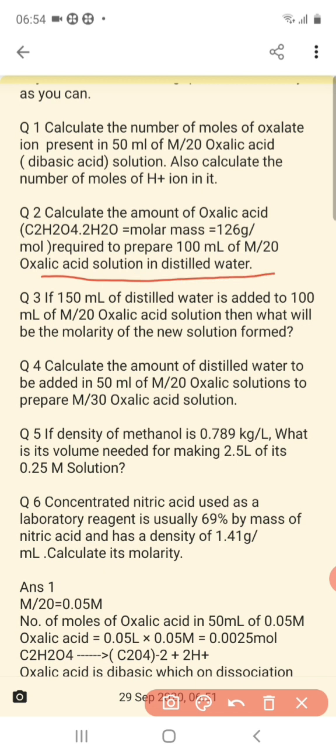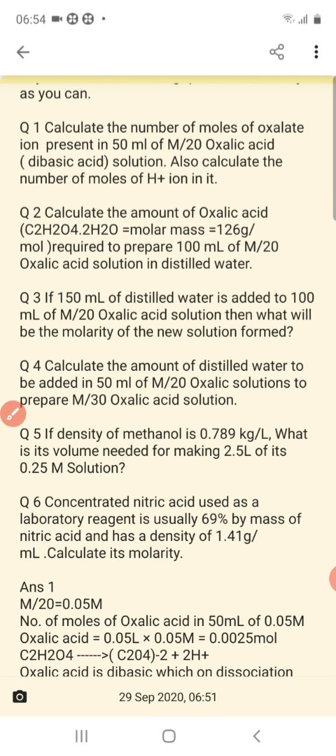This is the aim of one of the experiments carried out in class 12, where you have to prepare a standard solution of oxalic acid having molarity M/20, of volume 100 ml.